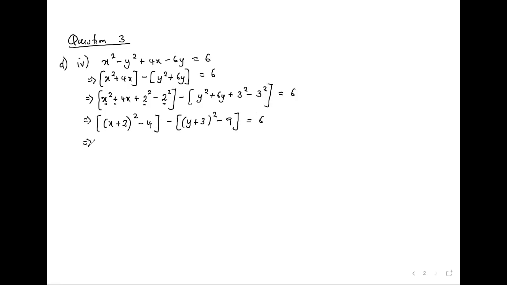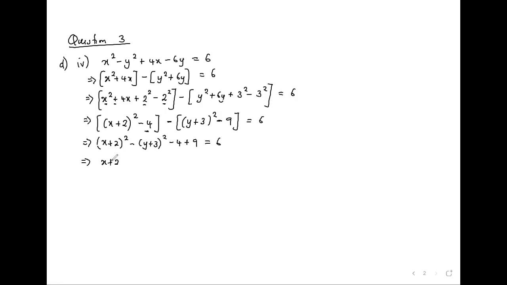Then now we open: we have x plus 2 squared minus y plus 3 squared, so this minus 4 is now here, and then negative times negative 9, we get positive 9, is equal to 6. So now we take the other numbers to the other side.